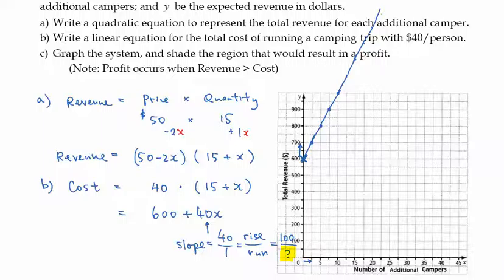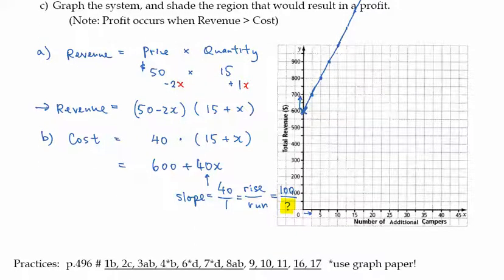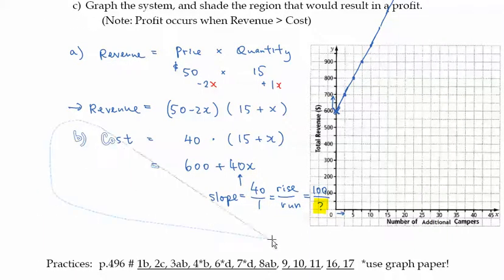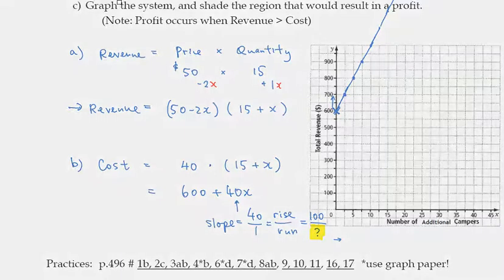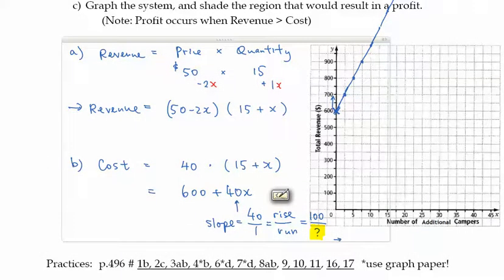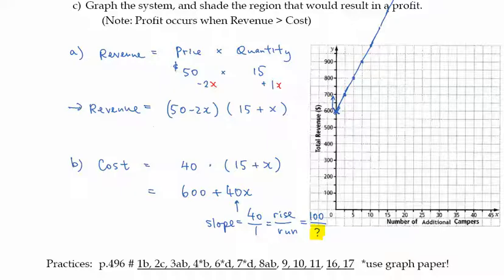Going back to part A, draw the quadratic for the revenue. This will give us a quadratic. The equation for my revenue, times 50.